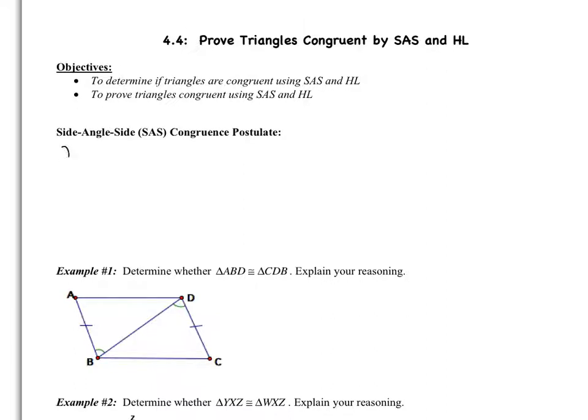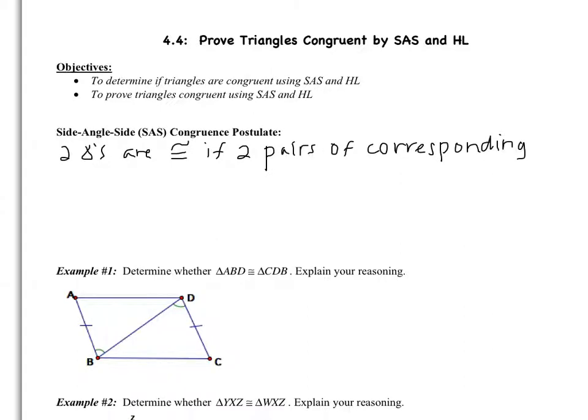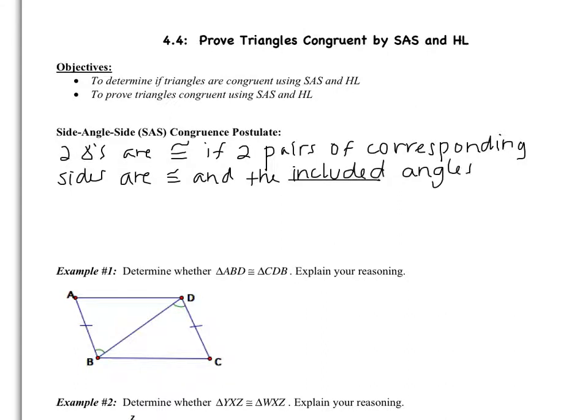This postulate says that two triangles are congruent if two pairs of corresponding sides are congruent and the included angles. Included angles just means it has to be the angle in between the two sides.